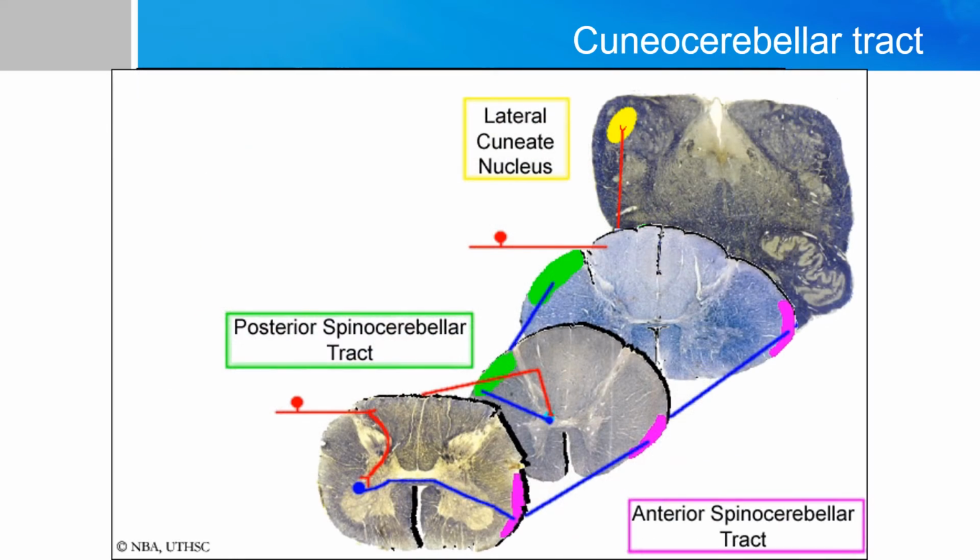It ascends ipsilaterally to the accessory cuneate nucleus, which is also known as the lateral cuneate nucleus, in the caudal medulla above the cuneate nucleus. It then enters the inferior cerebellar peduncle ipsilaterally to enter the cerebellum.